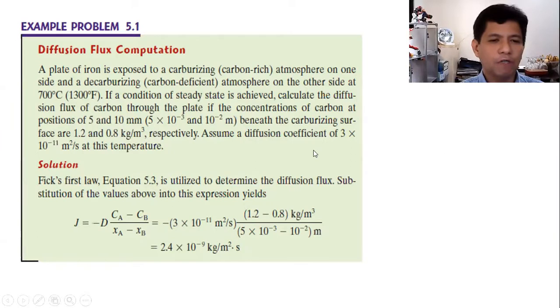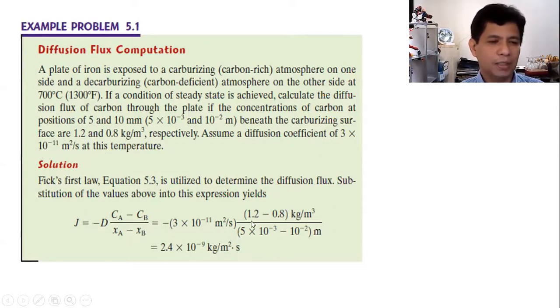Assume a diffusion coefficient of 3 times 10 to the negative 11 meters squared per second. Ito yung sinasabi ko sa inyo kaninang unit ng diffusivity, meter squared per second, centimeter squared per second, at this temperature. So just simply substitute all the given to this equation. So D is negative 3 times 10 to the negative 11, ito yun, meter squared per second.